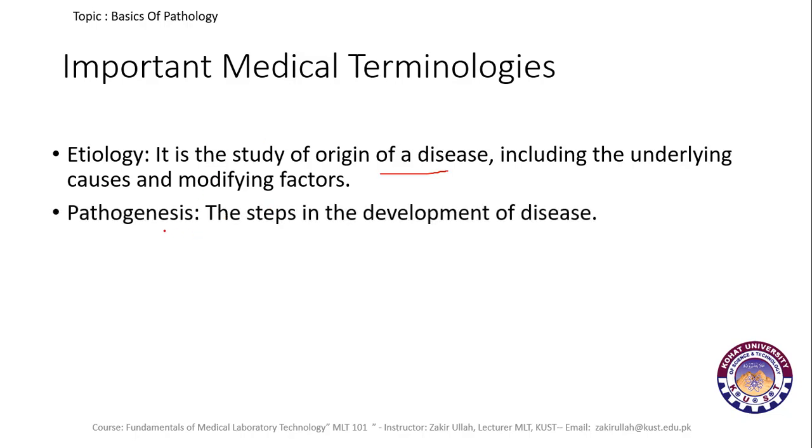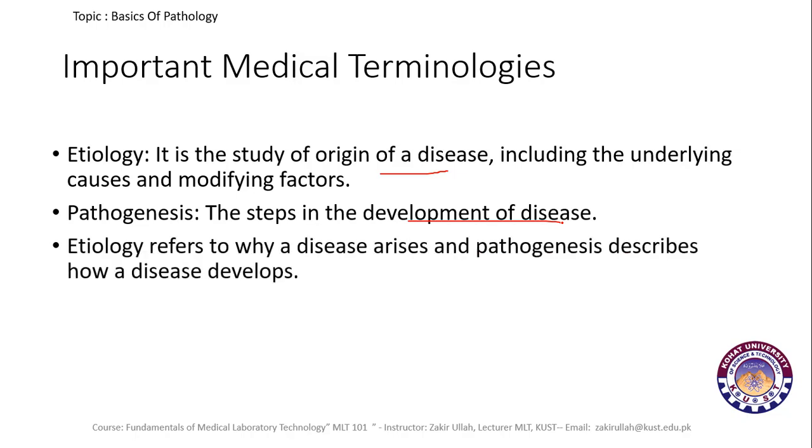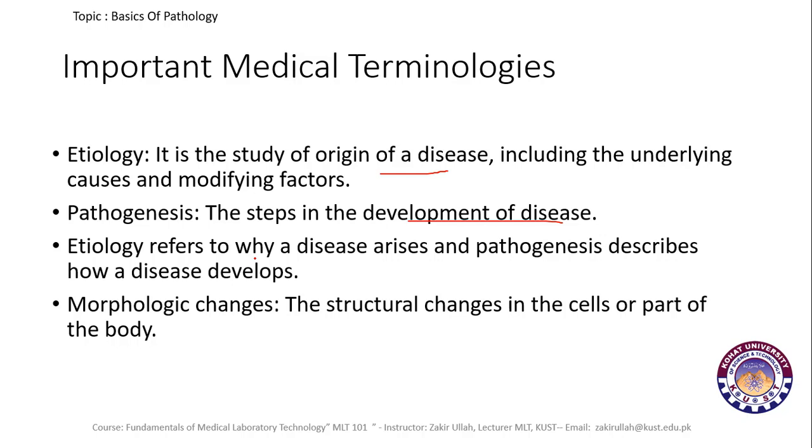Pathogenesis is the term used for the developmental stages of a disease: how the disease developed, and what the different phenomena are that end up in the development of the disease. Etiology refers to why a disease developed, and pathogenesis describes how a disease developed. So, etiology is why and pathogenesis is how. These are the terminologies required for the study of disease and for pathology.